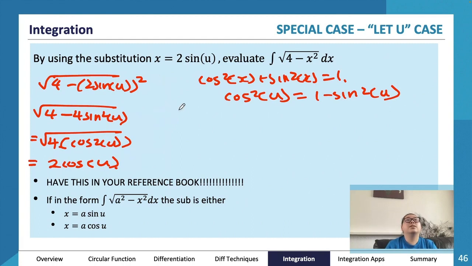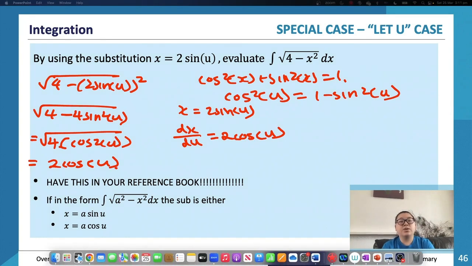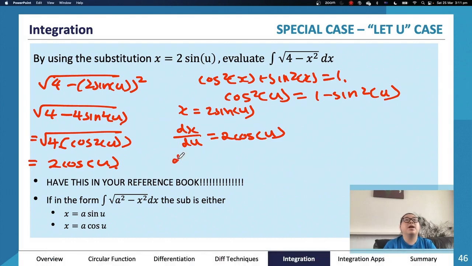So our x is going to equal our 2 sine u, so therefore our dx du, rather than our du dx, is actually going to be 2 cos u, right? Because the derivative of sine is just going to be cos. So then what we can do from there is look into it a little bit further. So now we know our du dx is going to be 1 over 2 cos u. Yeah?